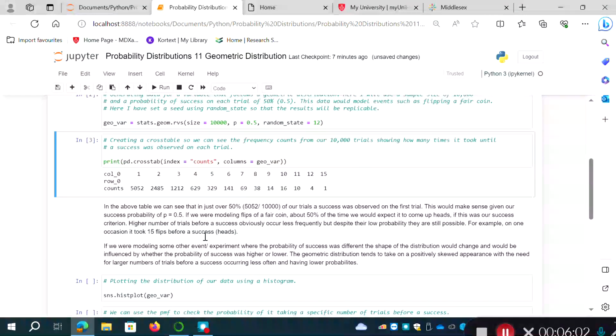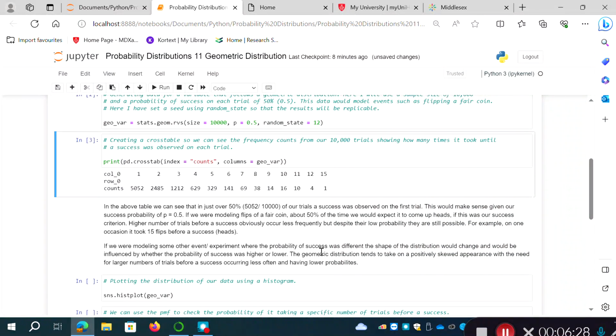But what we can see in the above table is that in our 10,000 trials, just over 50%, so 5,052 out of 10,000 of our trials were a success. So we observed, say, a head on the first trial. And that would make sense given our success probability of p is 0.5.